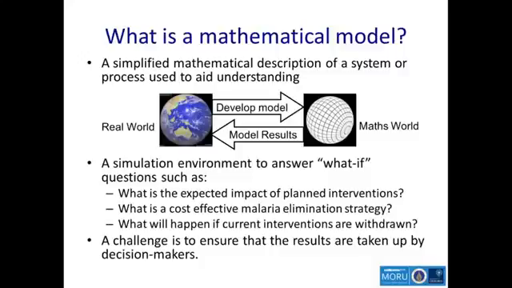So for example, what would be the expected impact of a particular intervention that's on the table that a malaria control programme is considering? What would be the cost of that strategy, and that cost would quite possibly change over time, depending on the way that it impacts the transmission.